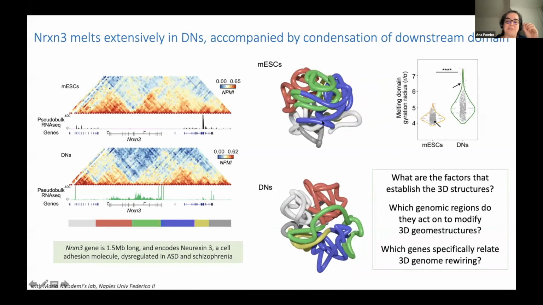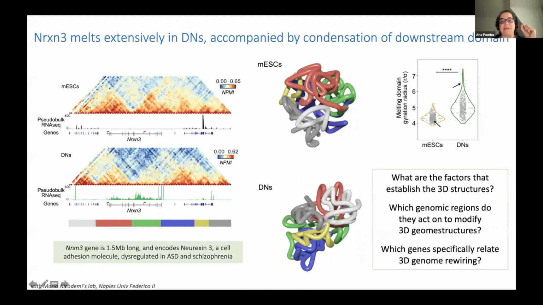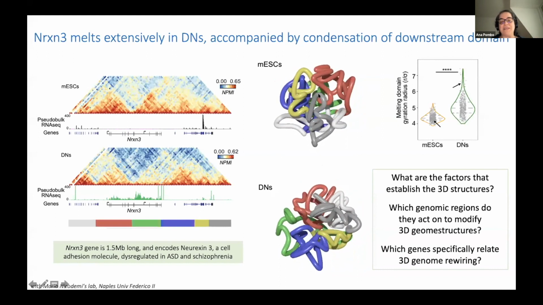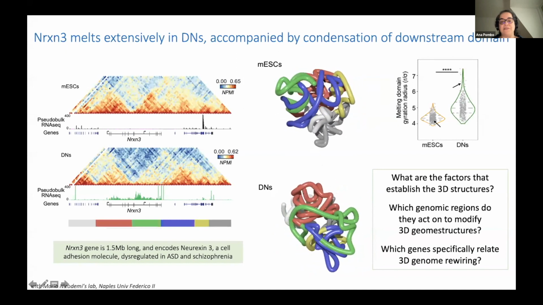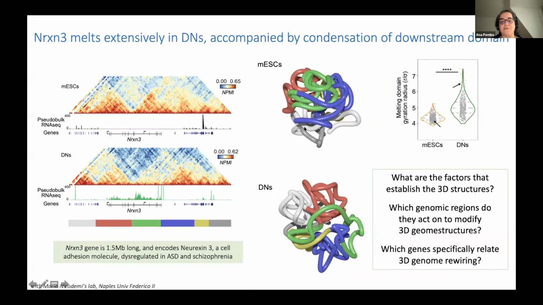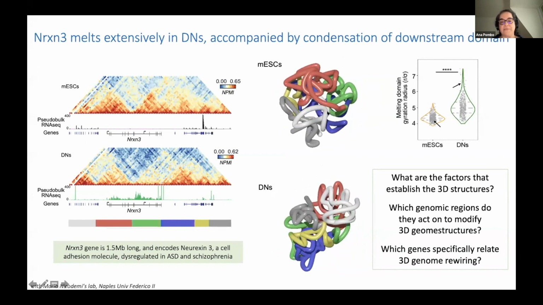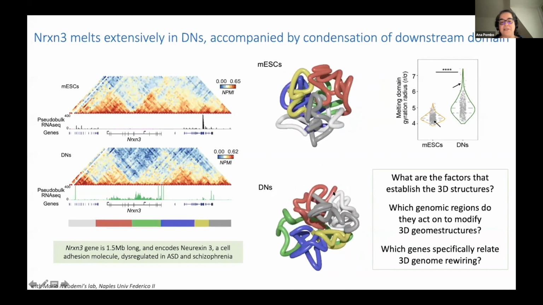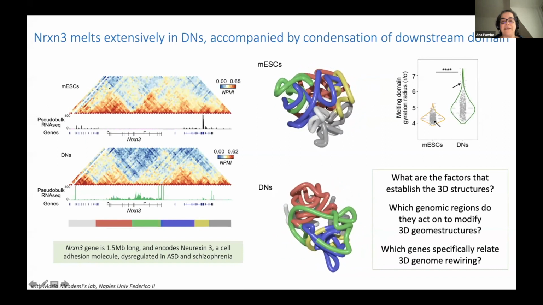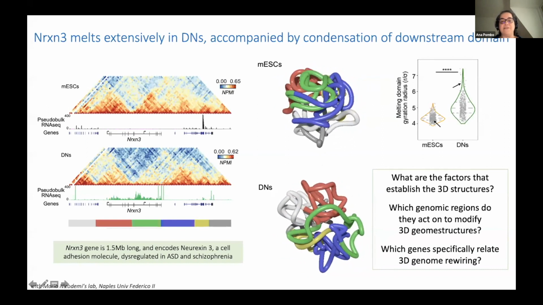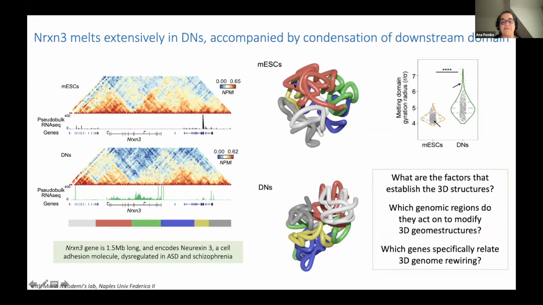So now I just wanted to use these models to think about how we move on from here. When we think about these structures, we could go into a lot of detail trying to describe every little aspect of every little part of the domain. However, I would argue, for discussion, that as a priority, what we could focus on first is asking, of all the details of this folding, which are the most important parts that actually drive the folding?